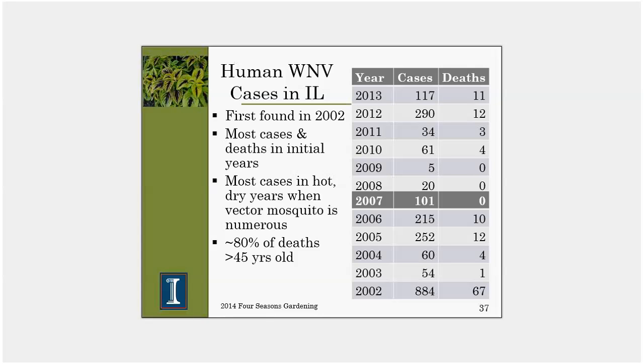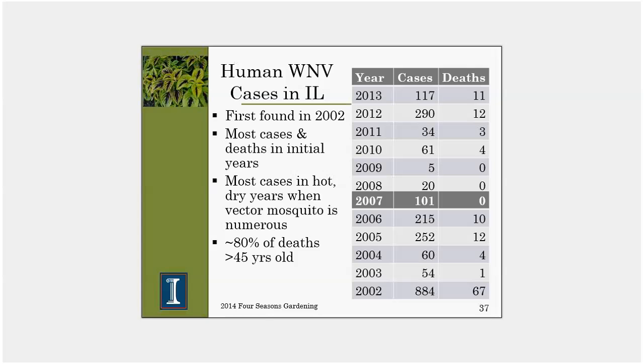And the two years after 2002, there was a big concern about it in public health, and then people tended to forget about it because the next two years were rainy in the summertime. The northern house mosquito didn't do very well, didn't have as many out, very few deaths, and then people got complacent. It got dry and hot, more deaths. So hot, dry years, more deaths from West Nile virus.